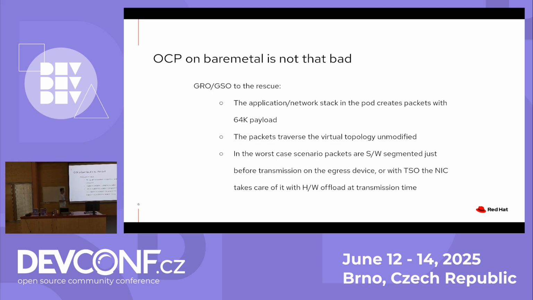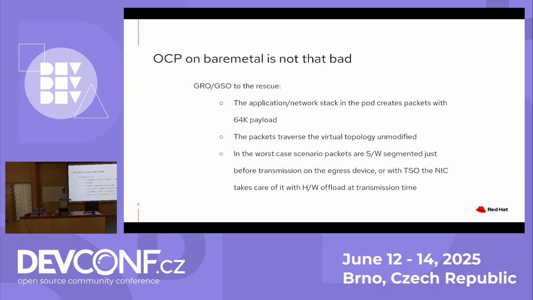The packets will go unmodified through all the network topology that we have just seen, for bare metal at least, until they reach the egress NIC. In the worst case scenario, when reaching the egress NIC, they will be segmented by the kernel. That is, this giant GSO packet will be split in 43 to 45 packets that will be MTU sized.